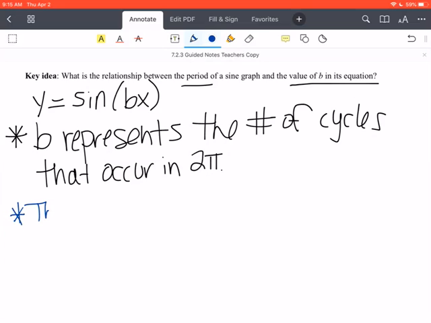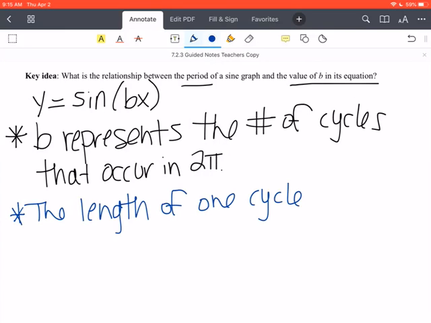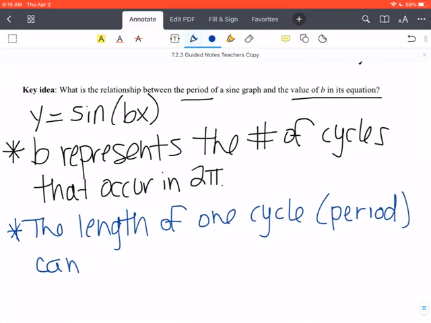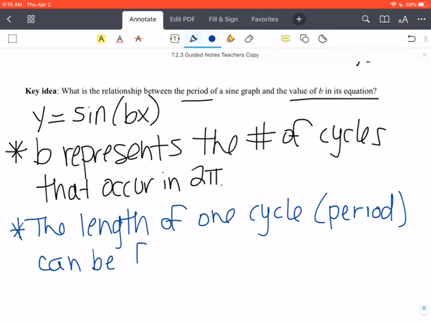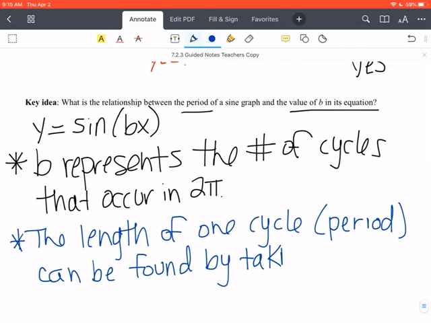So the length of 1 cycle, and I started to emphasize this through our examples, which we're usually going to call the period, because that is the vocab word used for length of a cycle, can be found by taking 2 pi and dividing it by b.